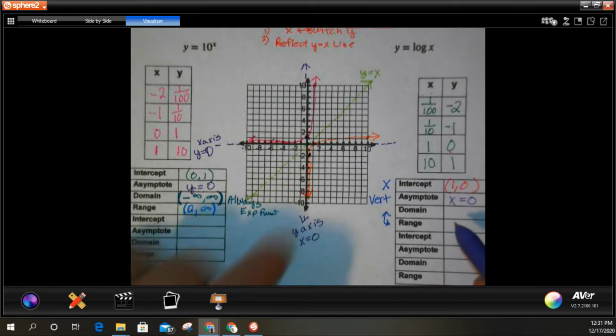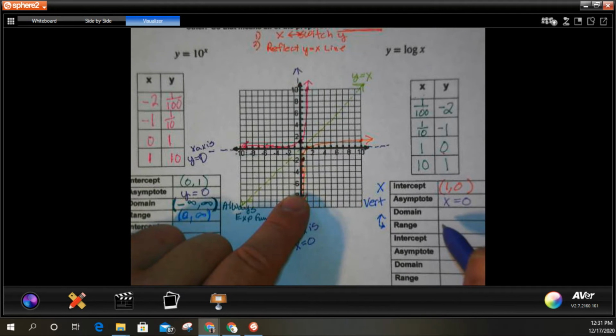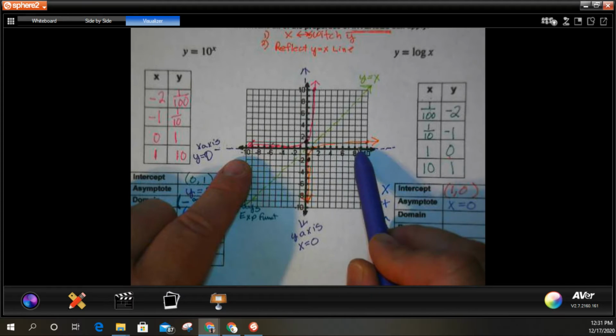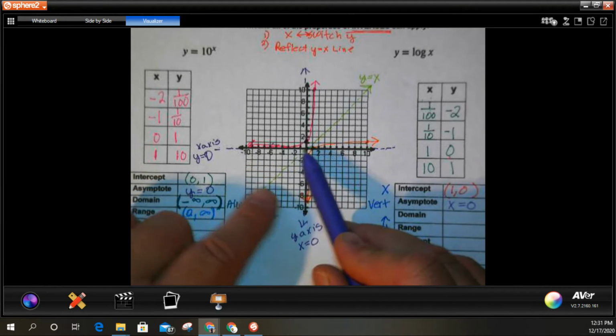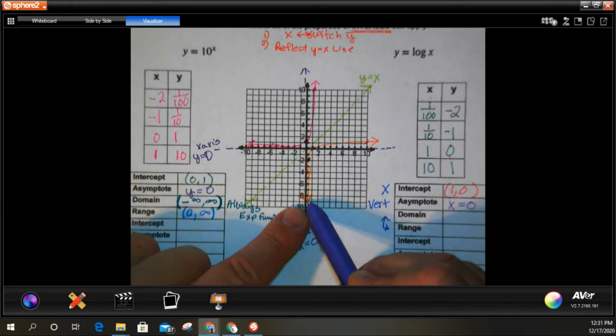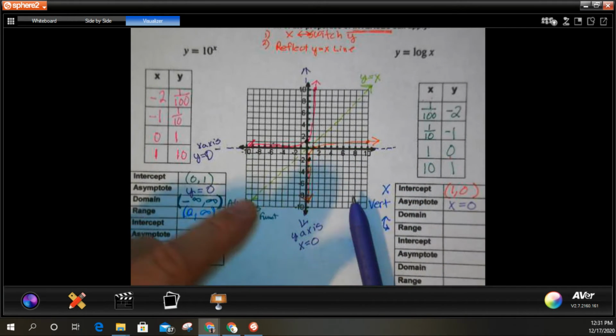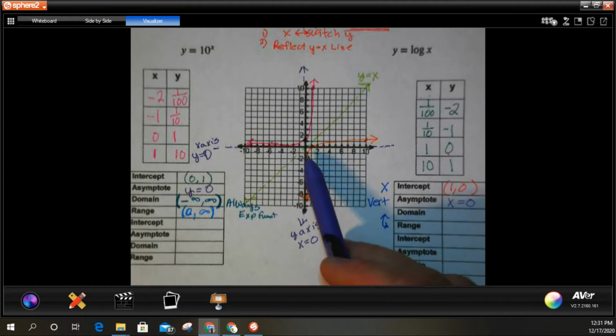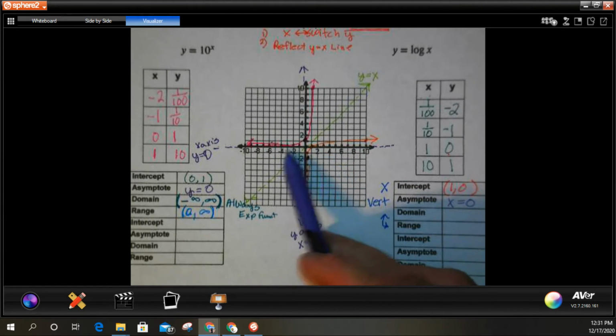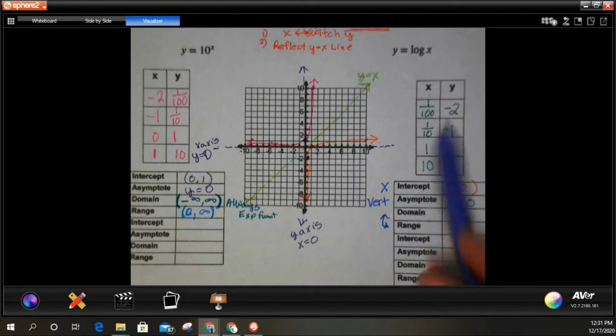I'm sorry, as my x values get smaller, my y, and actually my x values never get to a negative number. They get to 0. So we can't go any smaller than 0. Never touches that 0. Okay, so see how it gets really close?